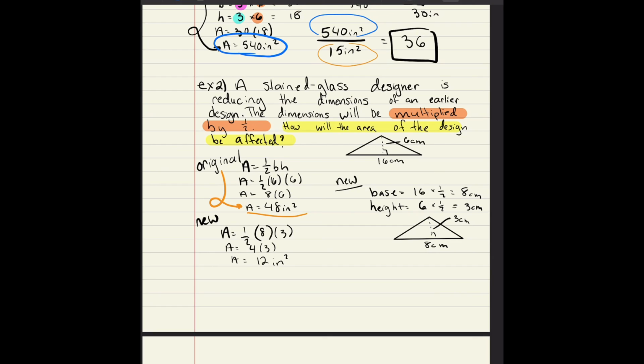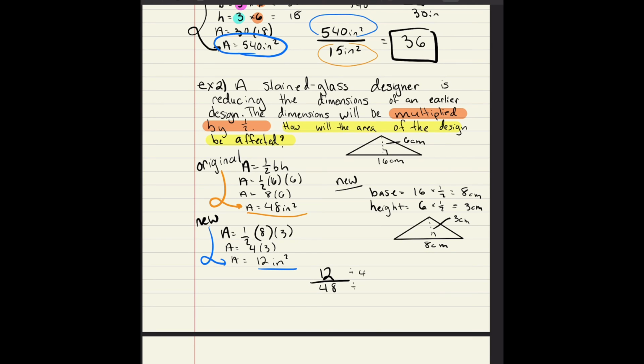Now I need to take my original and my new and divide them. So my new is always divided by my original, no matter what. Even in this case where the original is bigger than the new area.